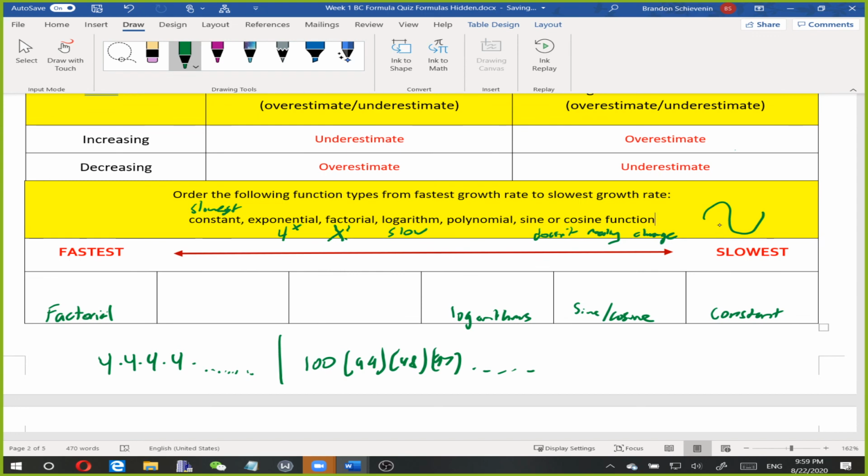And even if I pick a number that's much bigger than 4, because I'm going to infinity when I plug these in, my fastest growth rate is still going to be the factorial. Okay, back to Niall. For our last two, which one's faster, exponential or polynomial?